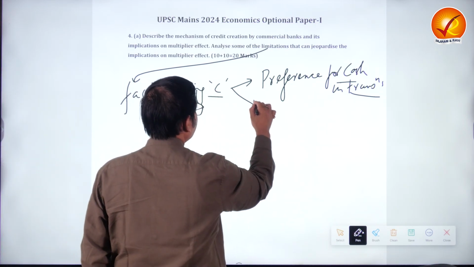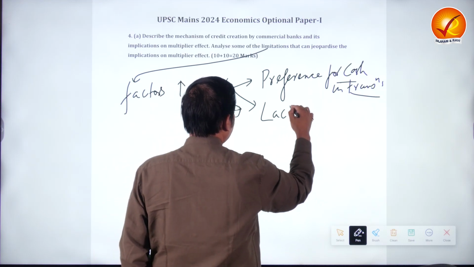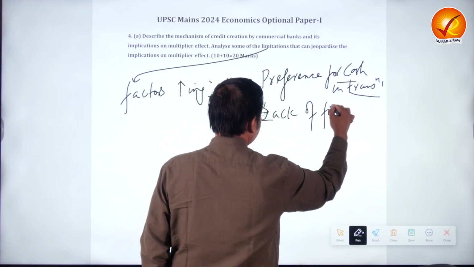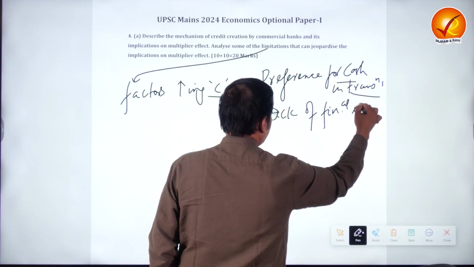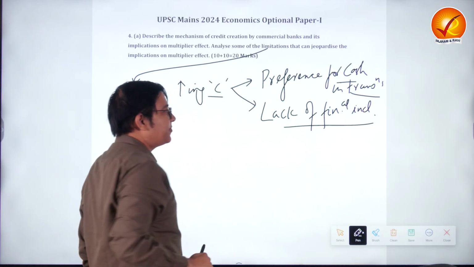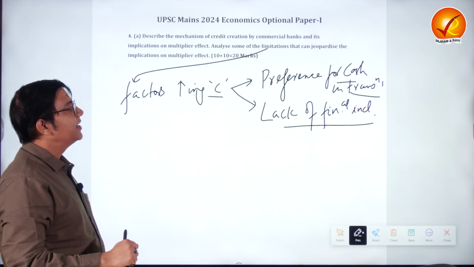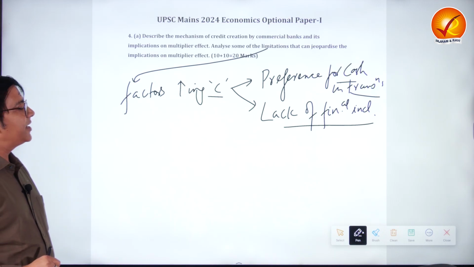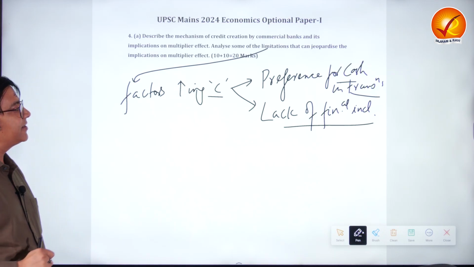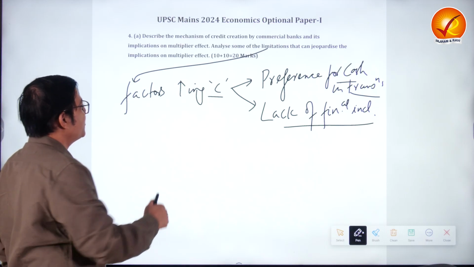Okay, or you can say lack of financial inclusion. Lack of financial inclusion means fewer people having a bank account. Okay, if people don't have a bank account, in any case that money cannot be accessed by the banks, and so on and so forth.